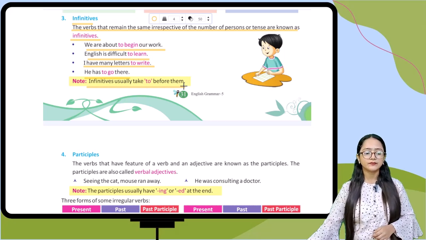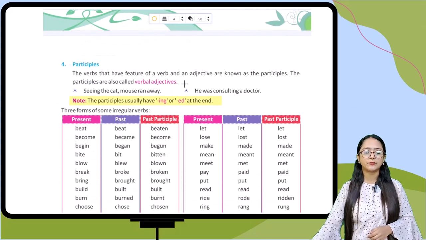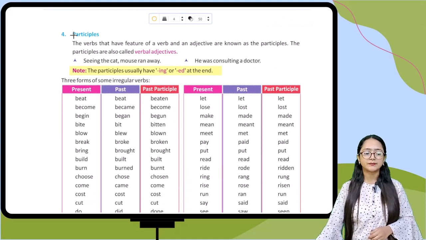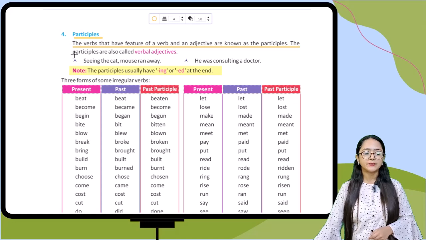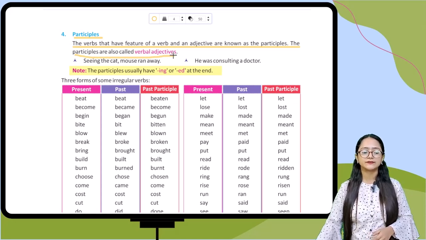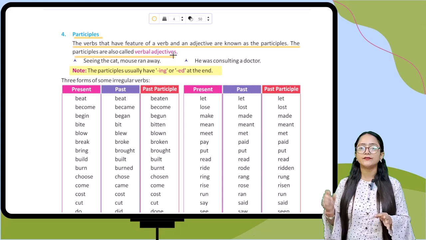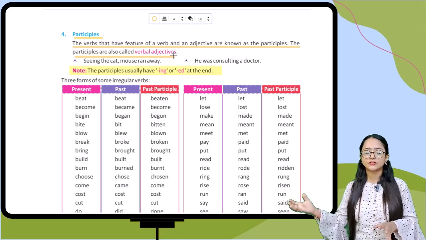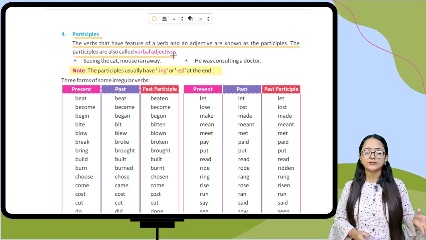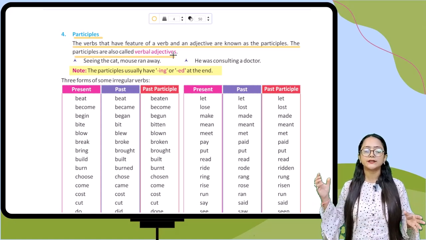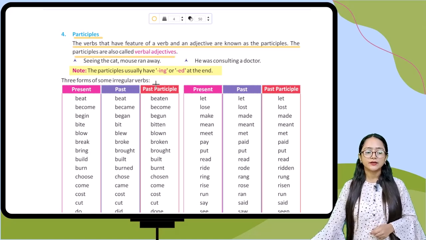Now let's talk about another type of verb, that is participle. The verbs that have the feature of a verb and an adjective are known as the participles. The participles are also called verbal adjectives. Here you can see the example, seeing the cat, mouse ran away.